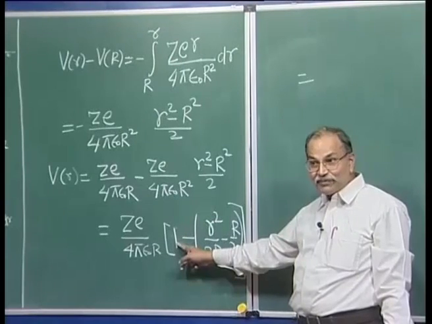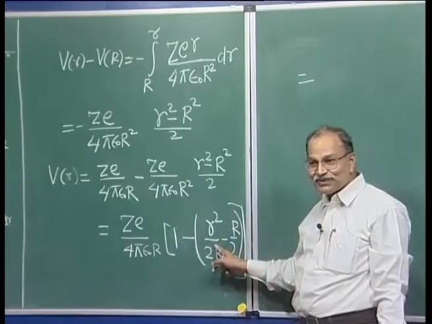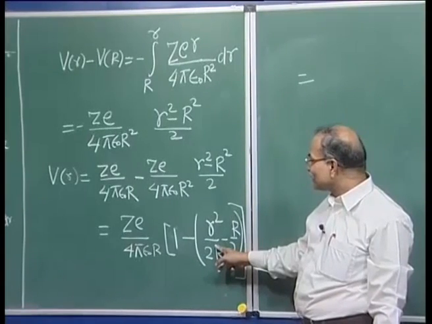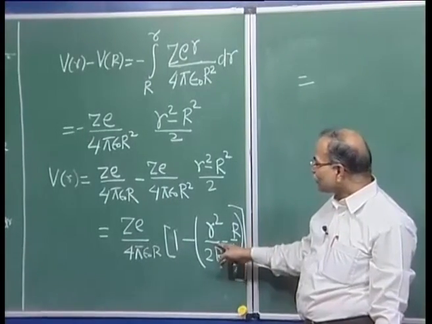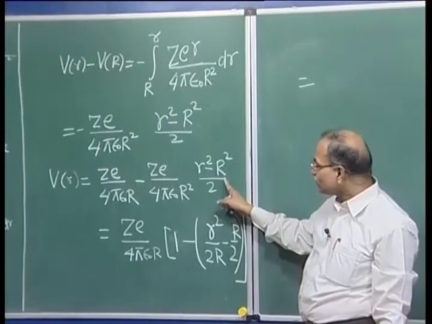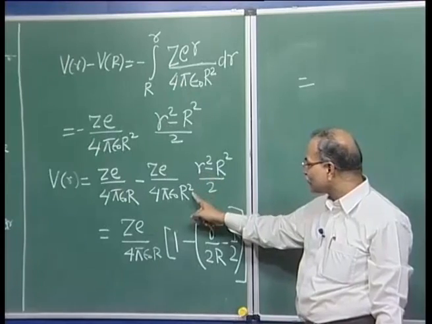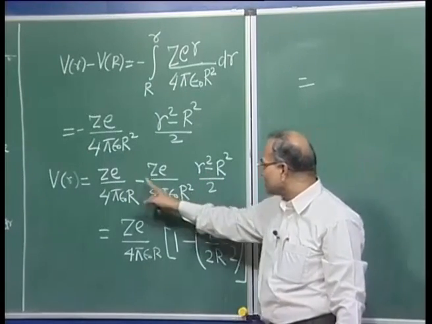You cannot add dimensionless quantity to a quantity with dimensions. Can you do that? And that is because this expression itself is wrong.